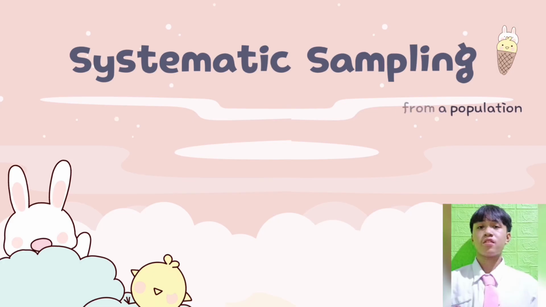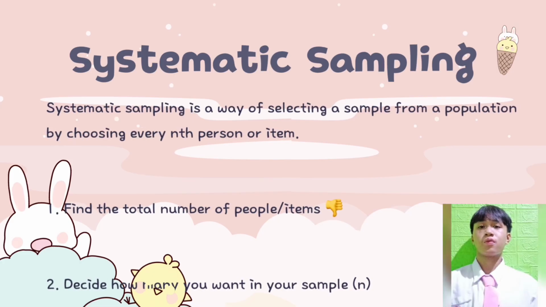Systematic sampling is a way of selecting a sample from a population by choosing every 10th person or item. Here are the step-by-step. First, find the total number of population or items. Second, decide how many you want in your sample.